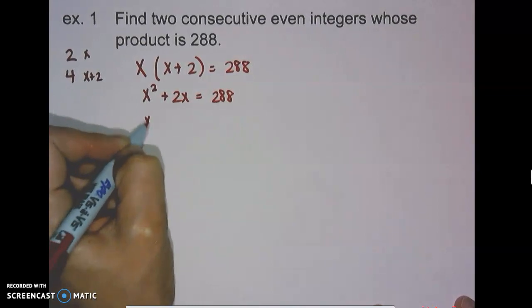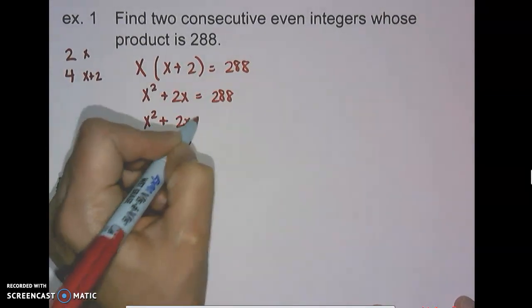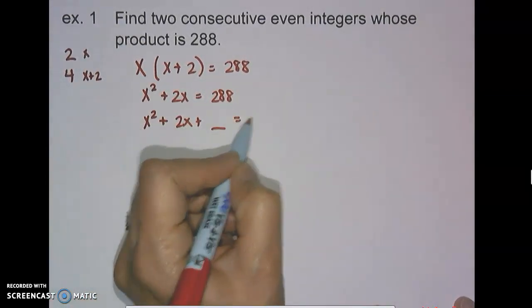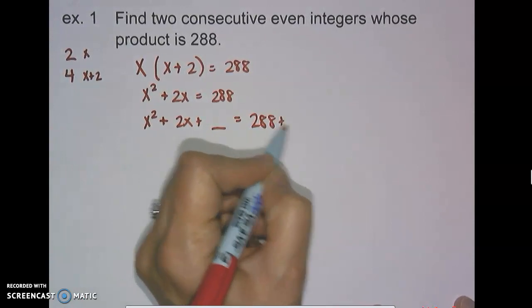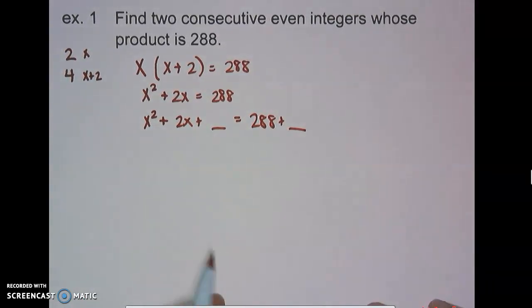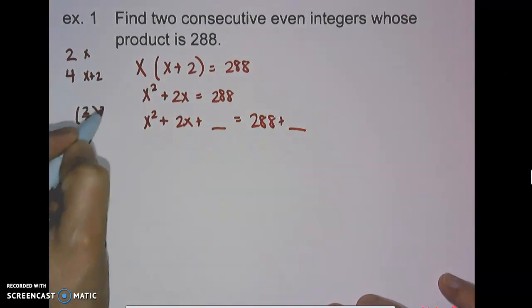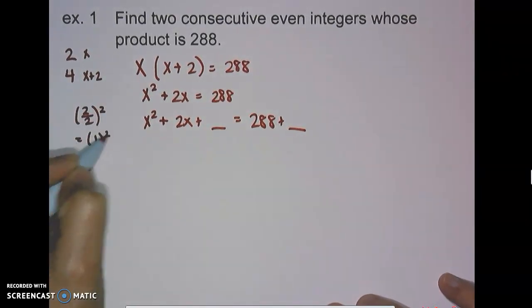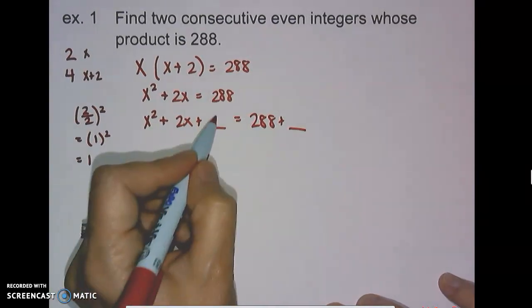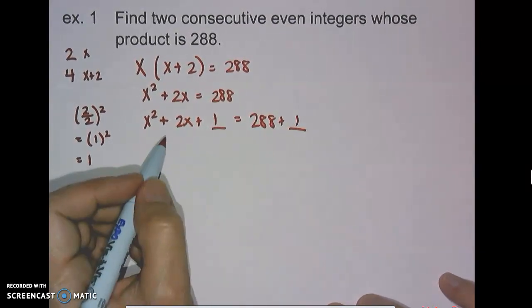Okay, so we would find space to add in our magic number here on both sides. And for our magic number, we have to take half of 2 and square it. Well, half of 2 is 1, and 1 squared is 1. So here we're going to add 1 to both sides.